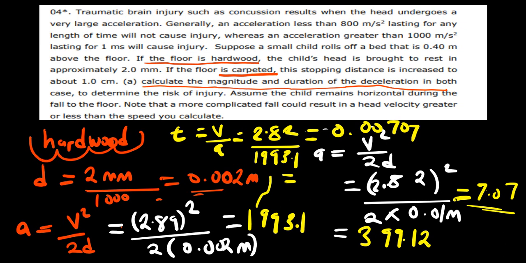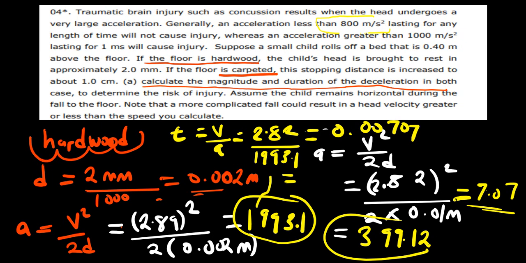Now you're able to see that both decelerations are significantly higher than the threshold. This one they've given us: acceleration less than 800 meters per square second. But the accelerations that we're getting are something like 1900, and the other one is 3000 or 399.